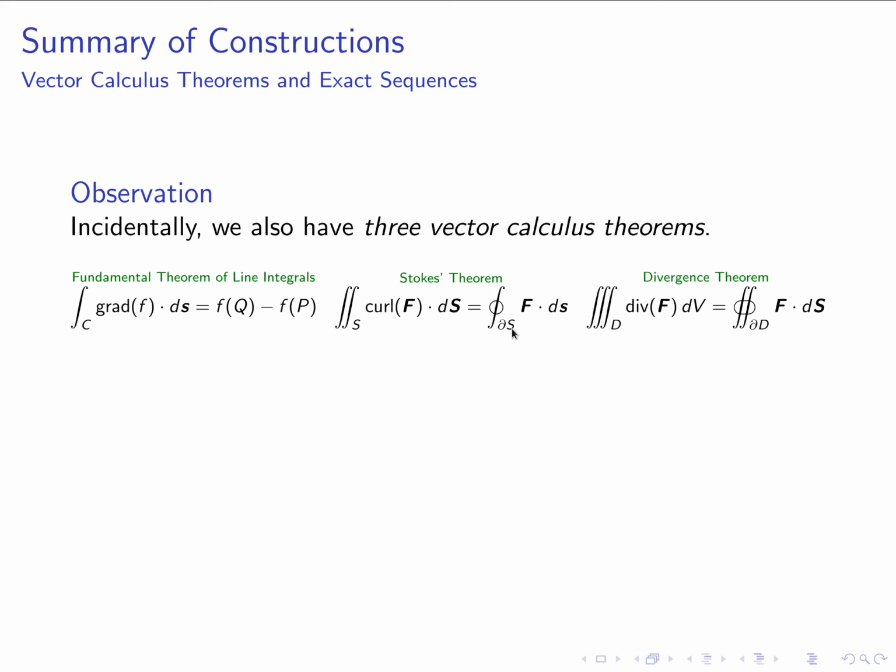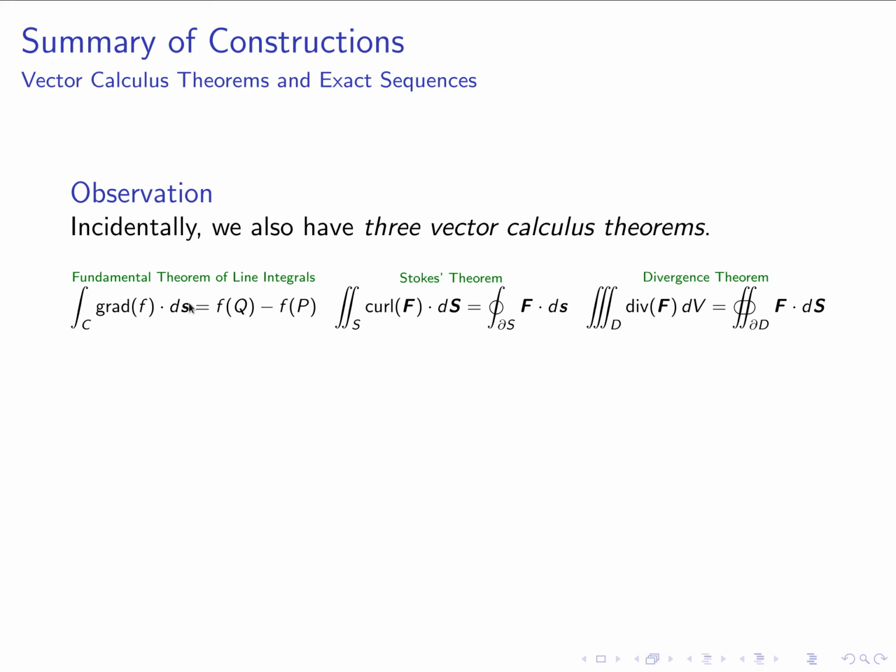If we can abstract the language here, we find an analogy to the fundamental theorem of line integrals. The way that I like to think of the language here is that taking an integral of the curl operator over an object is the same thing as integrating the original vector field over the boundary of the object.